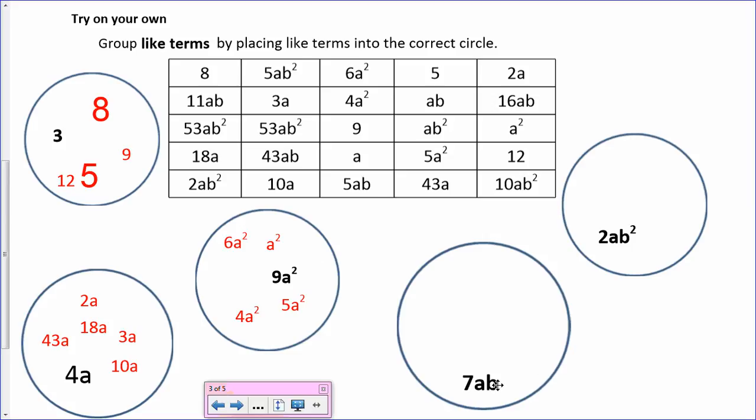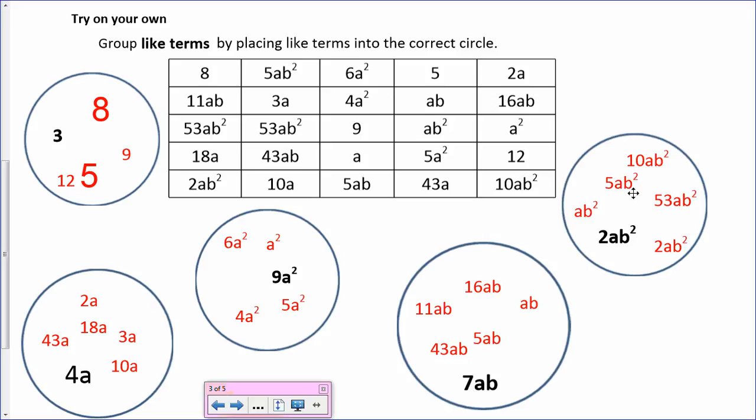Okay, 7ab, we got 43ab, 5ab, ab itself, that has a coefficient of 1. 16ab and 11ab, they all have that ab. And 2ab squared would be ab squared, again, a coefficient of 1 there. 5ab squared, 10ab squared, 53ab squared, and 2ab squared.